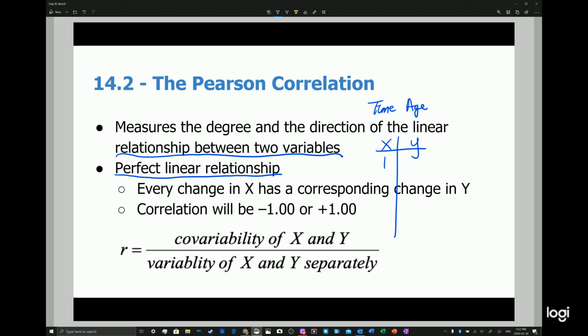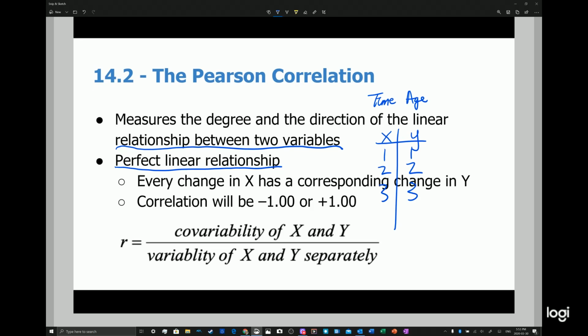As time passes 1 year, you age by 1 year. As time passes by 2 years, you age by 2 years. So as long as the change is consistent and they correspond to each other, that's a perfect linear relationship. So this is an R of +1, okay?